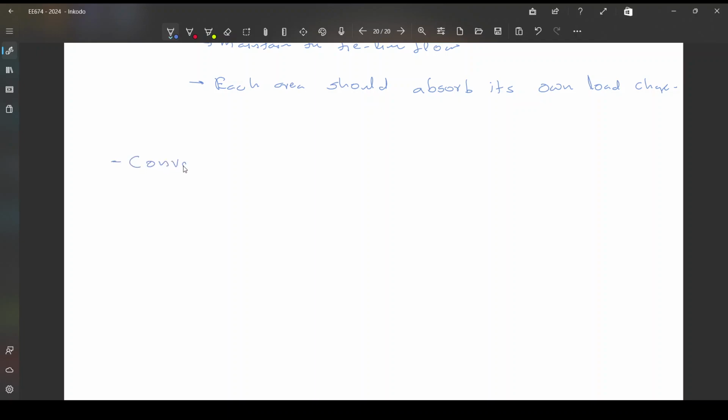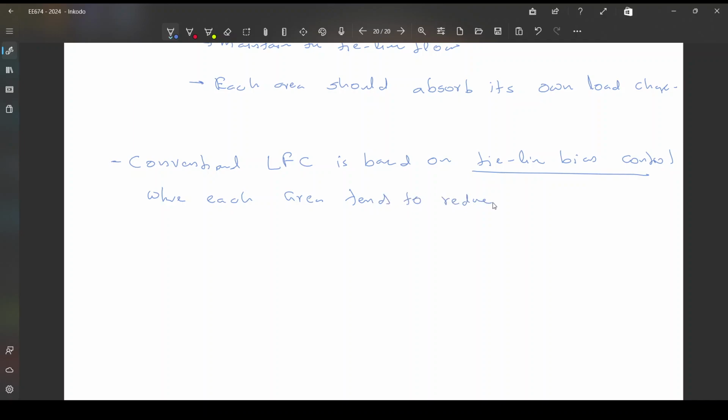So in the conventional load frequency control, tie line bias control, each area tends to reduce the area control error, right? So it tries to reduce it to 0, right?